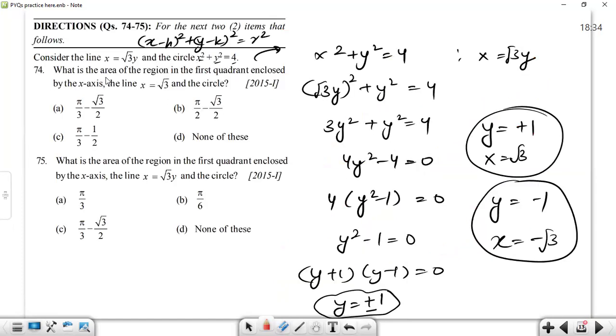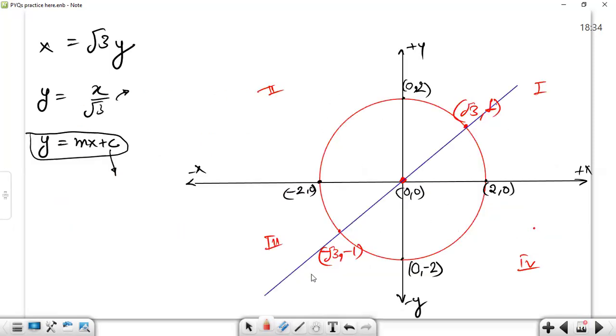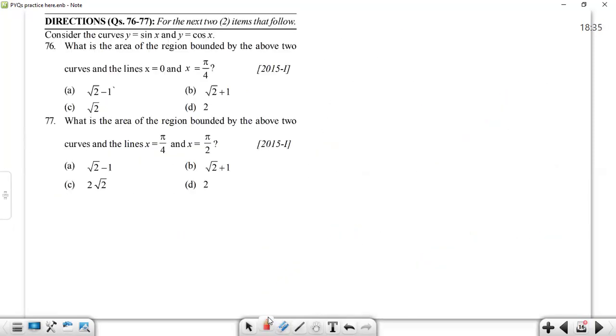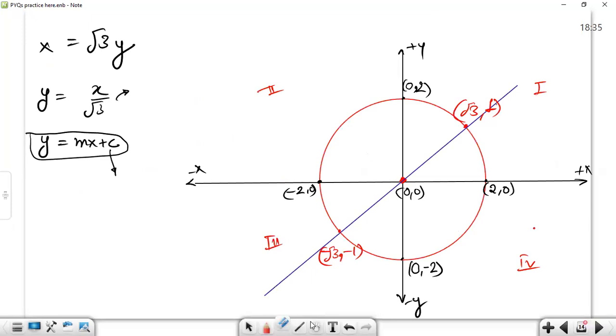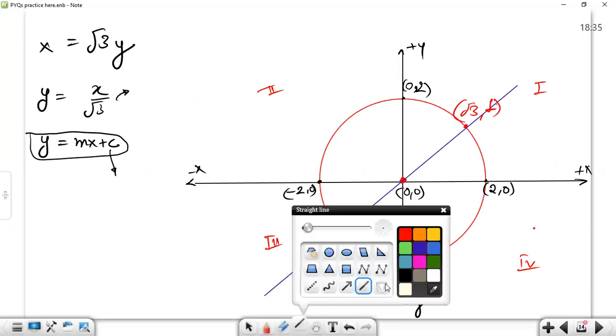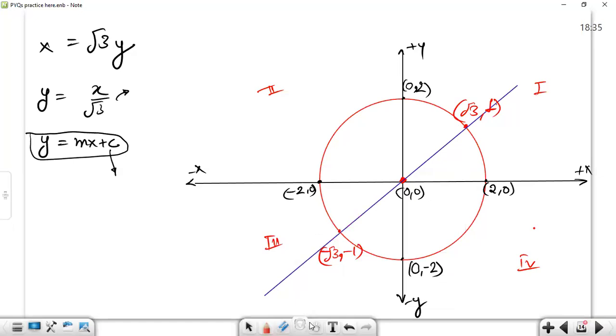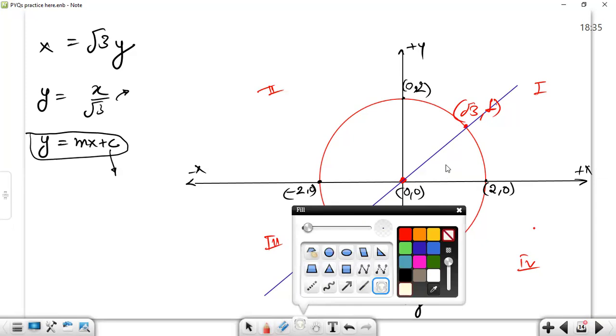The first question reads: what is the area of the region in the first quadrant enclosed by the x-axis, the line, and the circle? So the area enclosed in the first quadrant by the straight line, the circle and the x-axis is the area we should discuss.